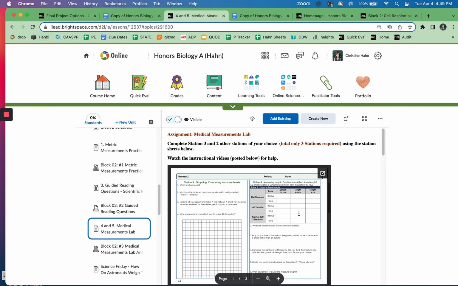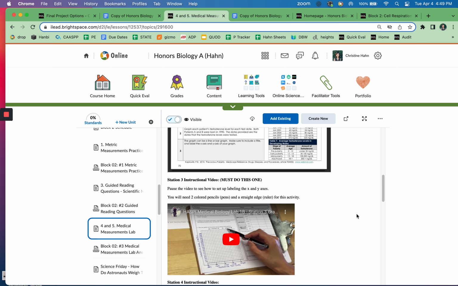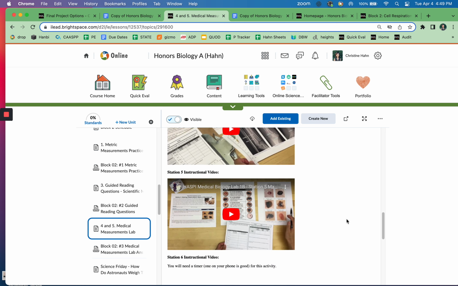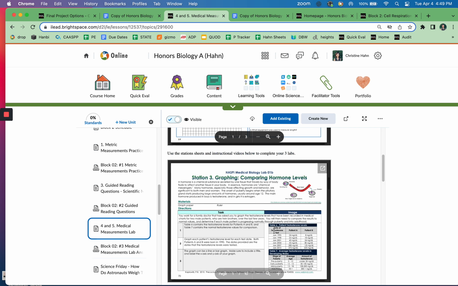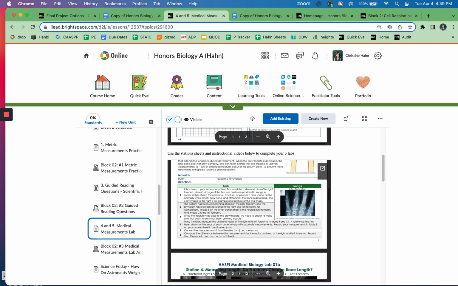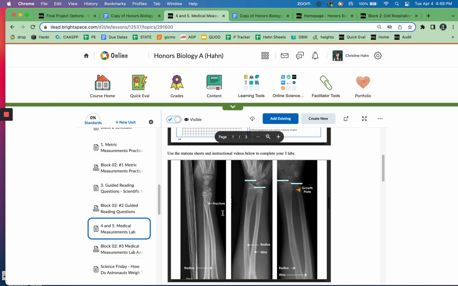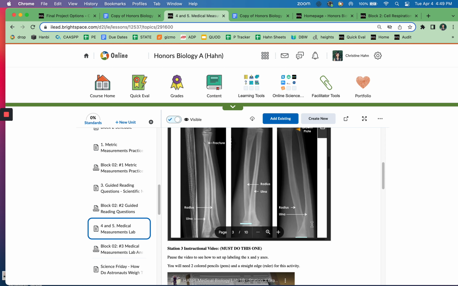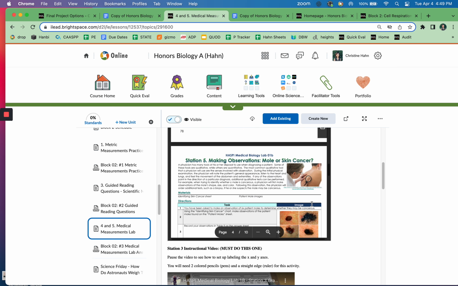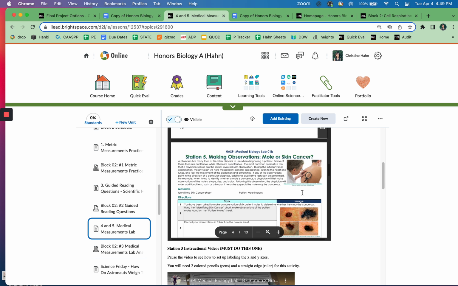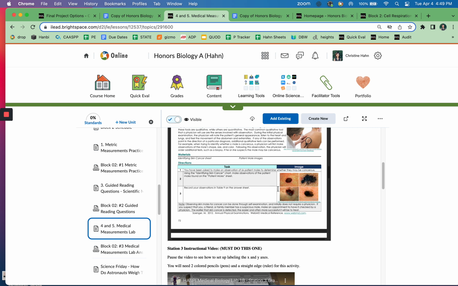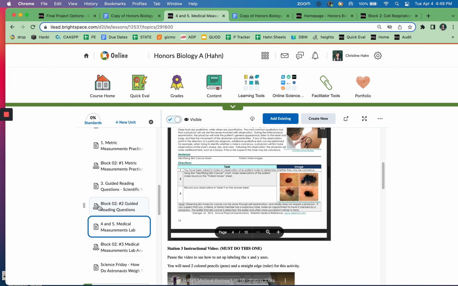They're doing it with measuring bones. So here's an example of graphing hormone levels. They have to measure these bones. One is fractured and one is not. So I just try to connect it to things that are in the health sciences. And I find that learners really find it more engaging.